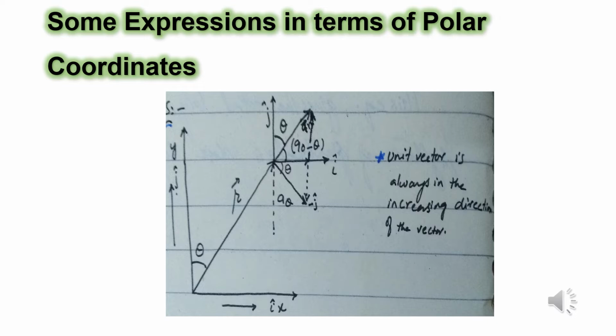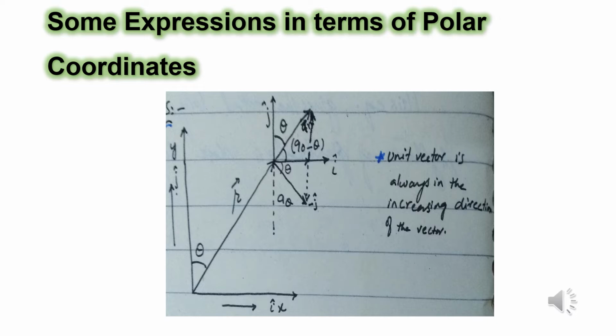Now for the polar coordinates, we further expand the coordinates. The angle between theta and theta is 90 minus theta.